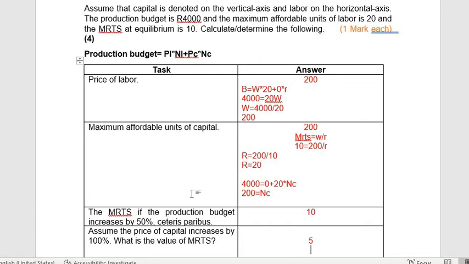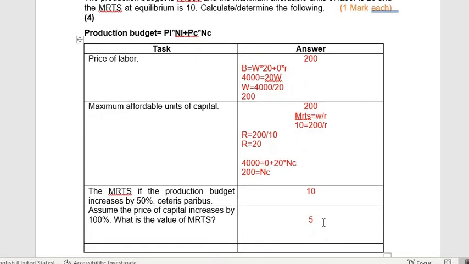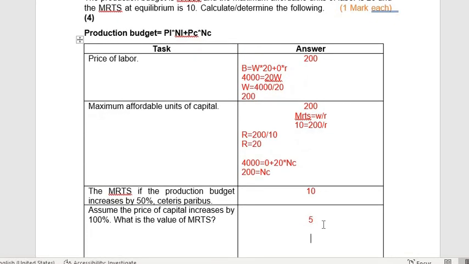And then next, if the price of capital increases by 10%. So first we need to calculate the 10% increase in the price of capital.